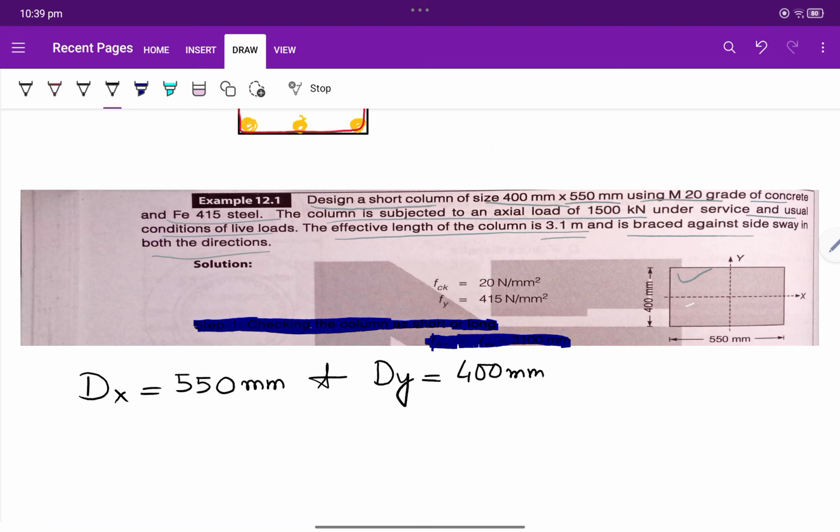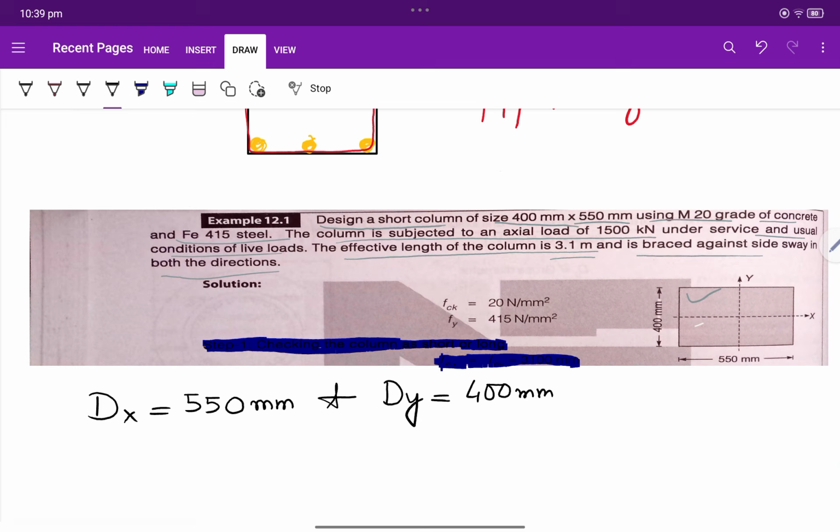Now what are the other given things? The L effective, the effective length, is 3.1 meter, or we can convert it into mm, so it will be 3100 mm.